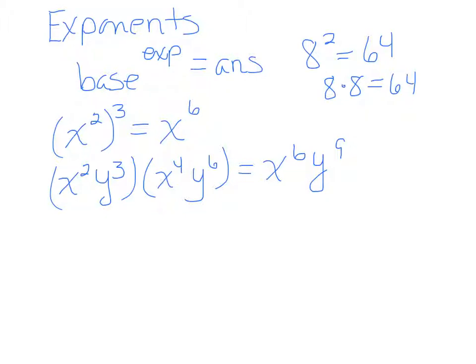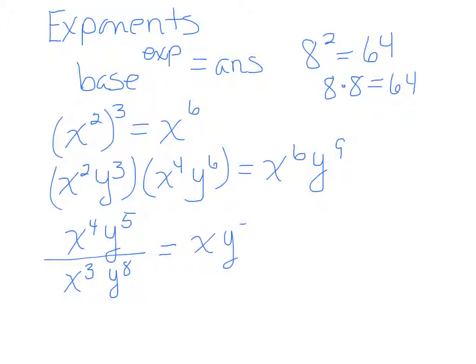When you have common bases and you're dividing with exponents, let's say x to the fourth, y to the fifth, divided by x to the third, y to the eighth, you subtract the exponents. You would end up with x to the first, or just x, and y to the negative third.